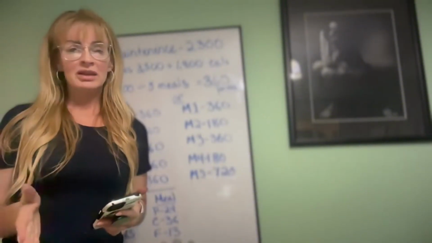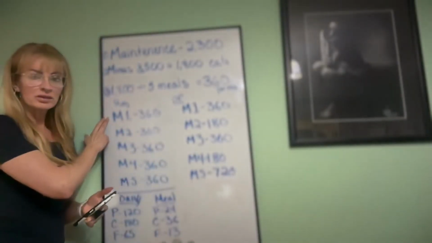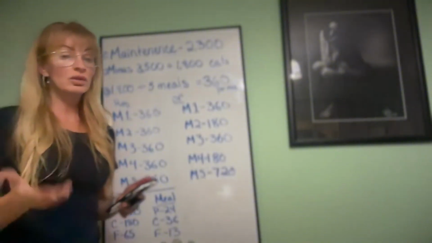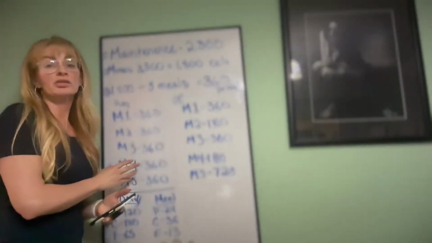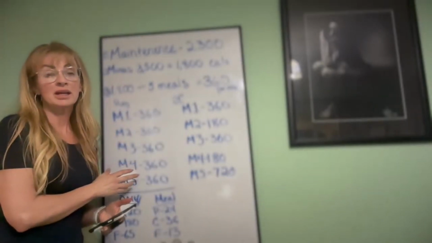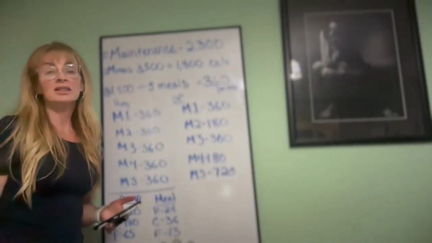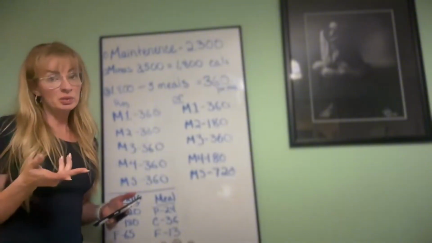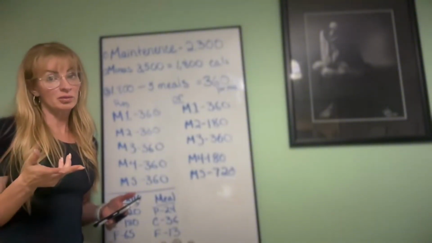If I was keeping things super simple, then for 5 meals, it would be 360 calories each, and that works for a lot of people. This actually worked for me for a long time in the beginning, where I just had 360 calories each meal. But you can tweak this and customize this a little more.